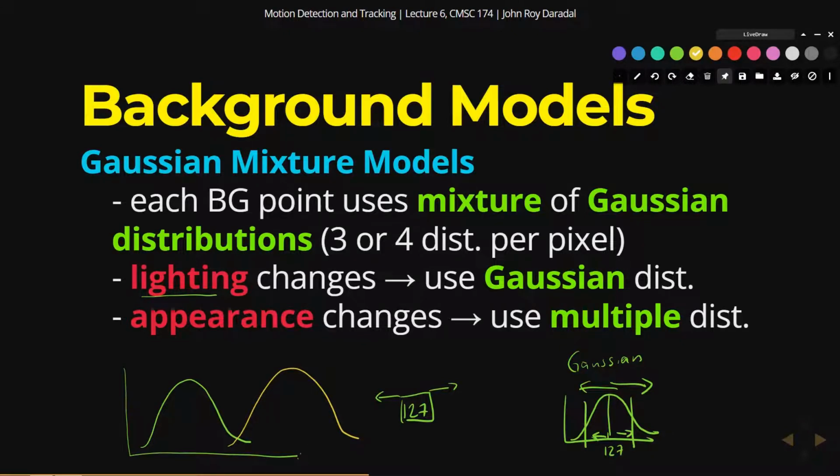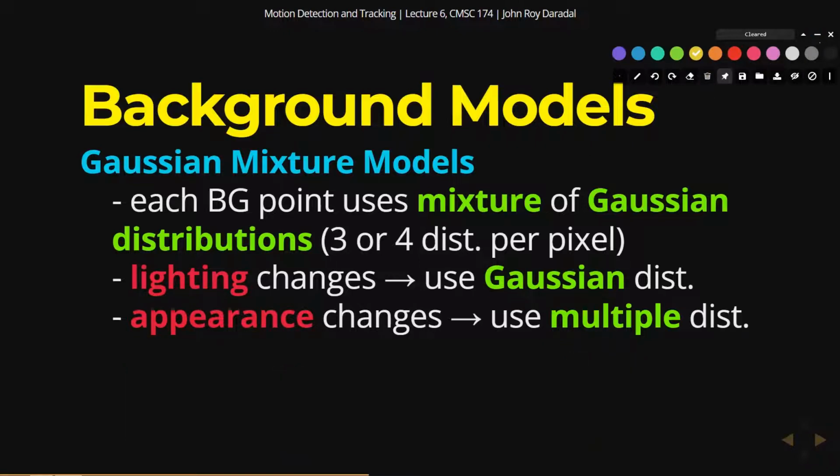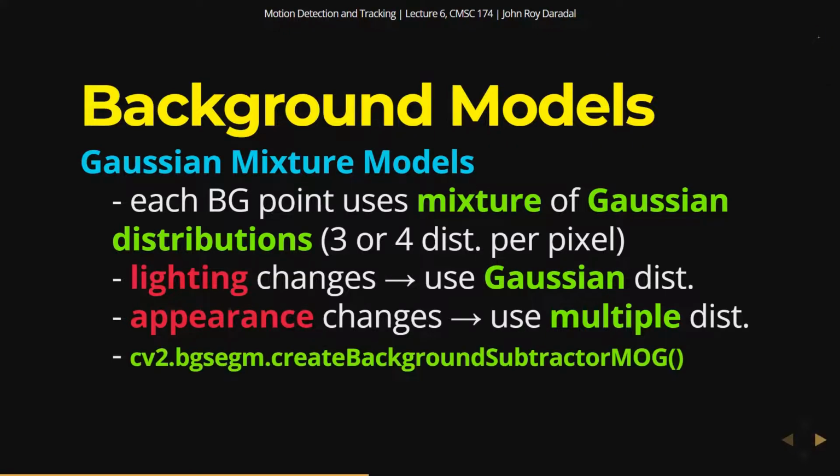So if you have multiple distributions, you are robust to appearance changes, because you're not limited to one appearance of the background, but can have multiple possible models of it. That's the reason why we have a mixture of Gaussian distributions. You can do this in OpenCV using the createBackgroundSubtractorMOG method found in the bgsegm module.